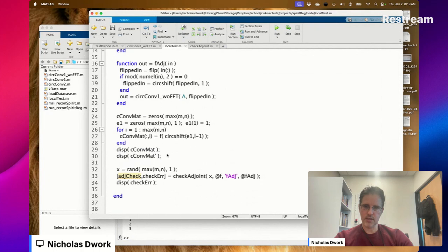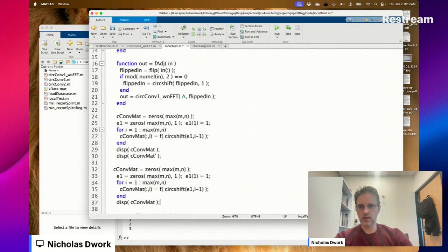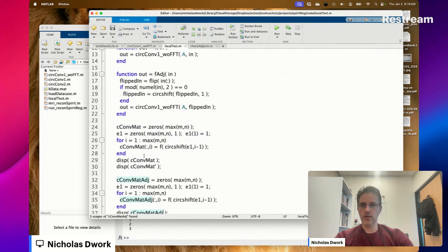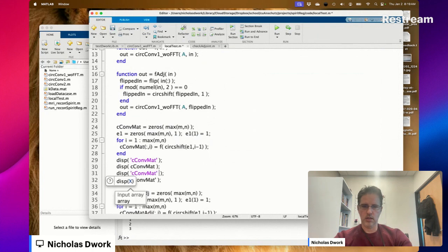What happens if I make the matrix for the adjoint? Let's find out. I'm losing this, so conjugate transposed.